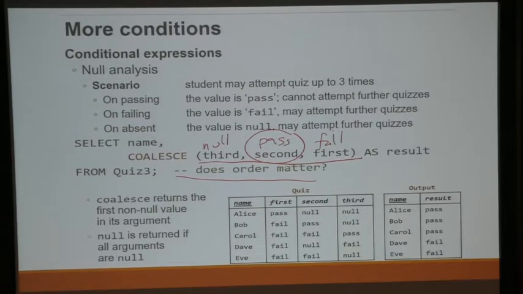Okay, so if we invert the order, so this one is first, second, third, and we have this one as fail, pass, null, what you will get is fail. You will get the first non-null value. So in this case, yes, the order matters. Okay, so any questions on this?